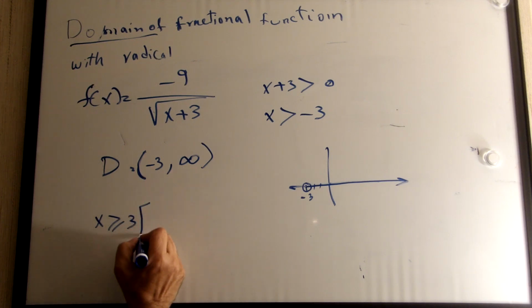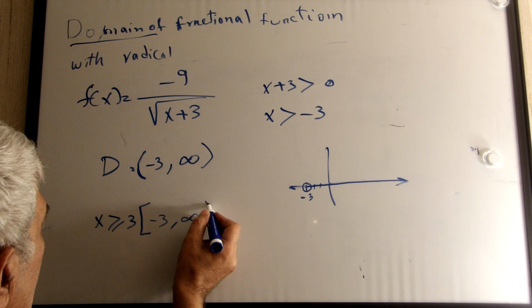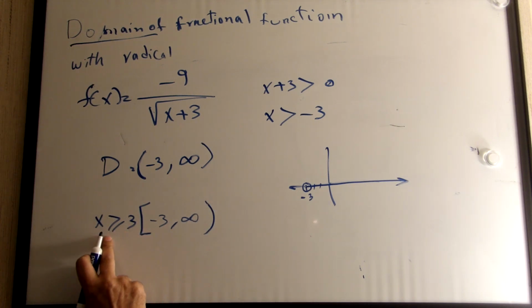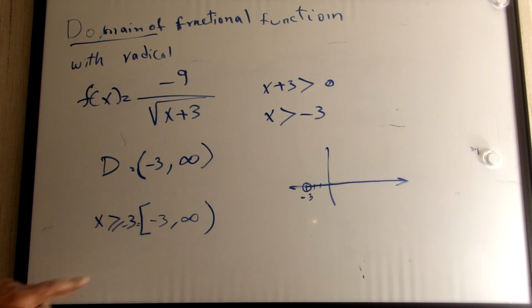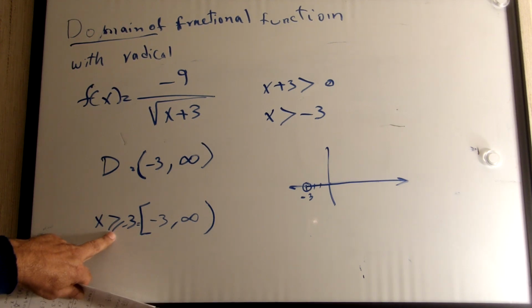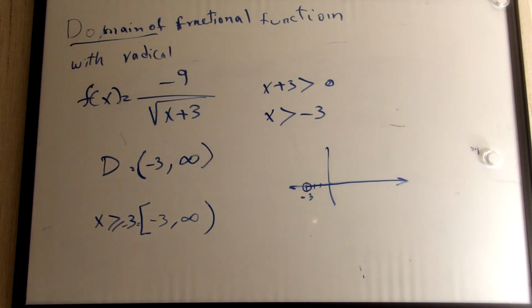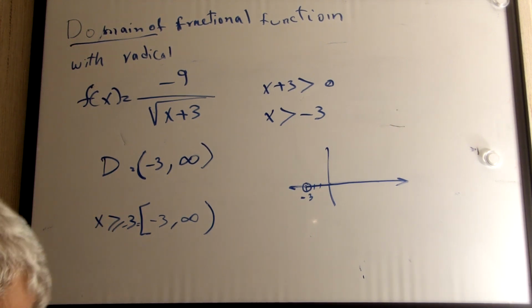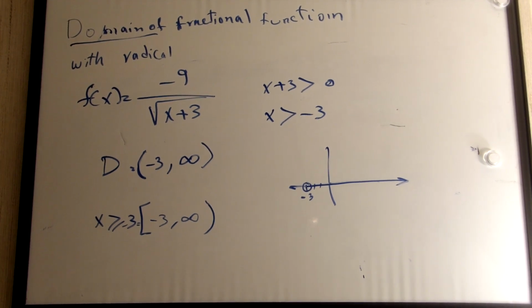This could be a bracket, minus 3 to infinity, because it included minus 3. It's greater than or equal to minus 3, it looks like this, but it's just greater than minus 3, so it's going to be like that. Okay.